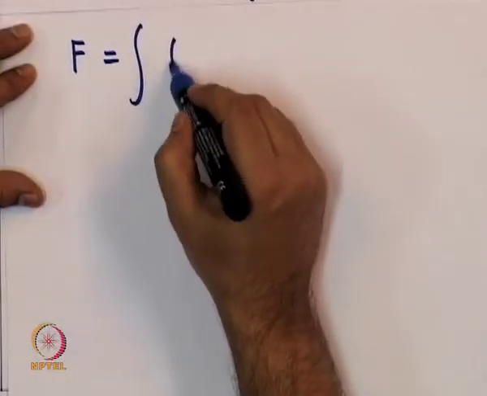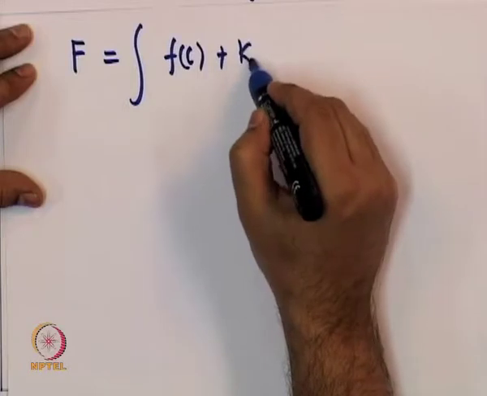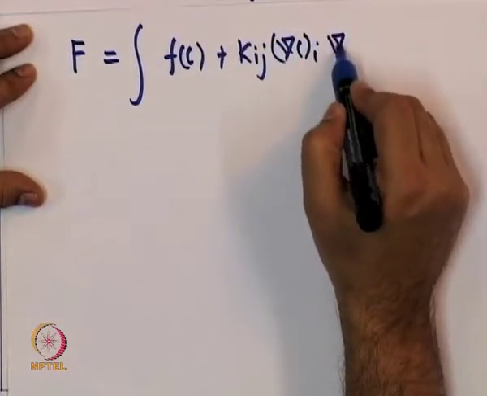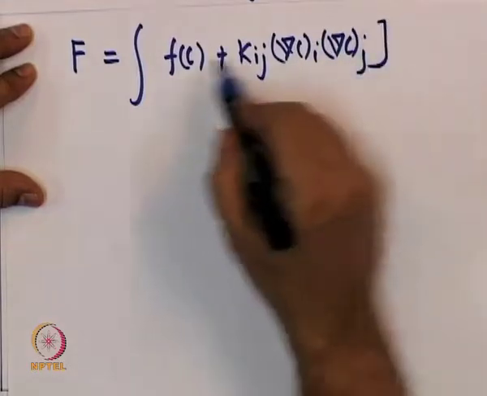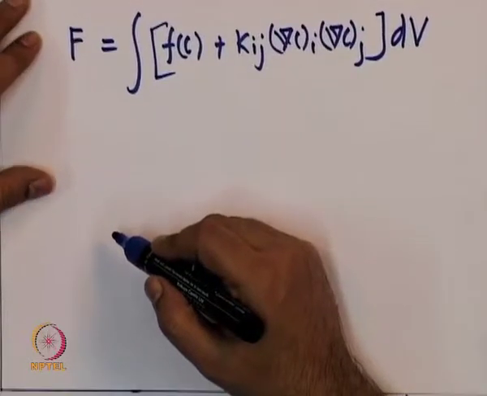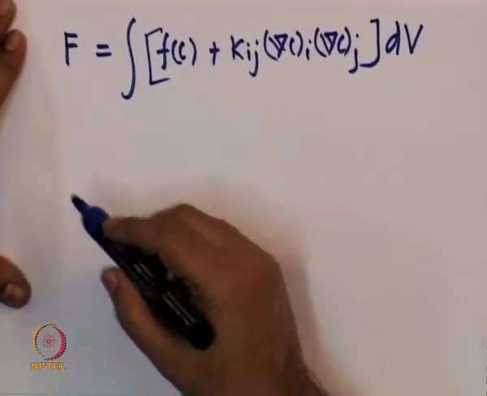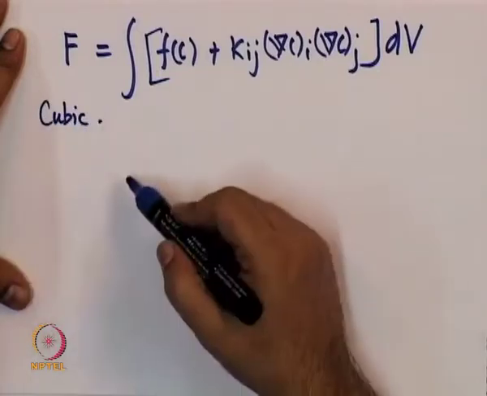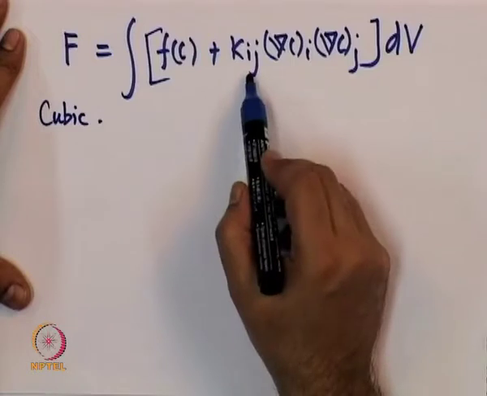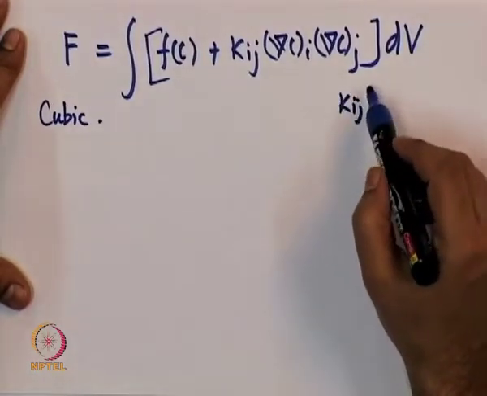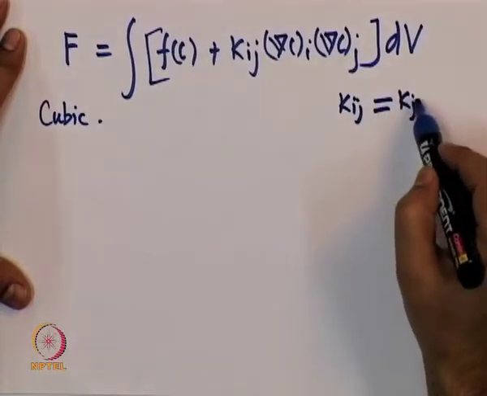So, my free energy functional happens to be f(C) plus kappa_ij ∂C_i ∂C_j. This is the free energy functional I have, and I am now going to assume cubic systems in which this is a symmetric second rank tensor, because kappa_ij is equal to kappa_ji.